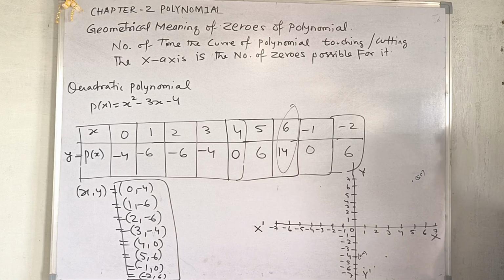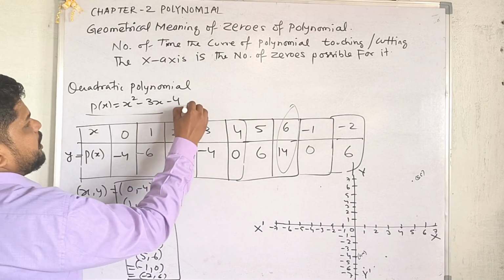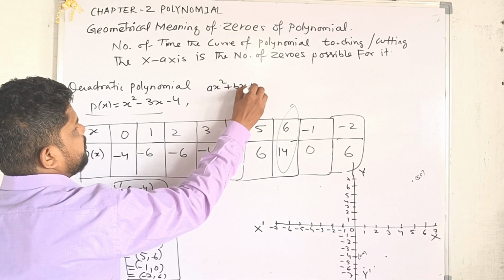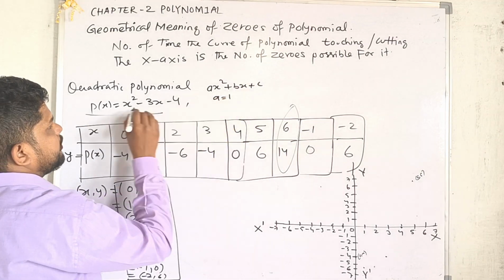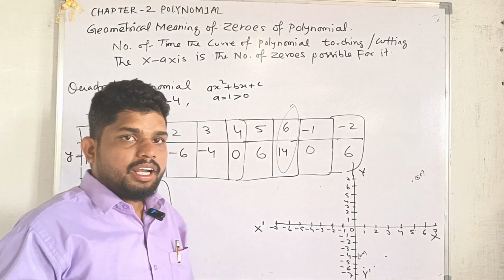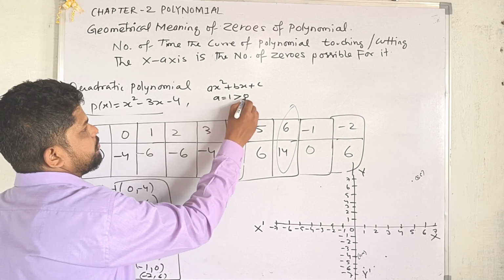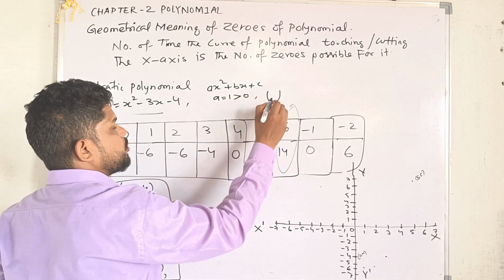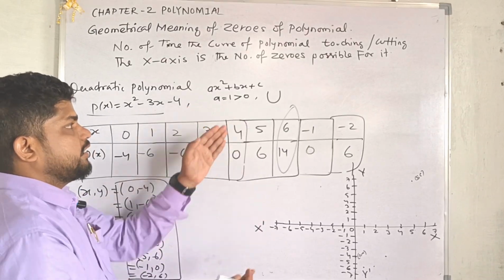Here, dear students, when we compare this with our standard formula, ax square plus bx plus c, one thing is clear, that the value of a is 1, which is greater than 0. And in our last lecture video I have taught you that when the value of a is positive, that is greater than 0, then the horseshoe, that parabola, will open towards the upside.